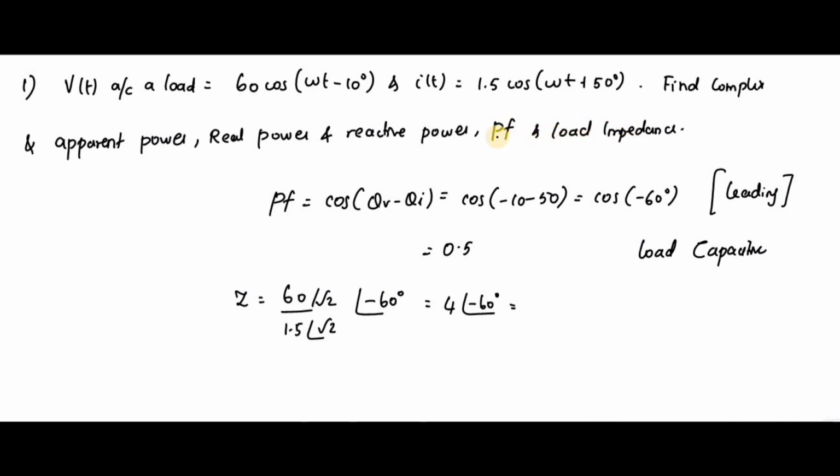Next I need to go for p(t). p(t) is equal to v(t) into i(t), that is equal to 60 into 1.5 cos(omega t minus 10) into cos(omega t plus 50 degree).